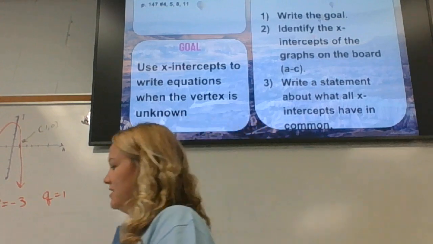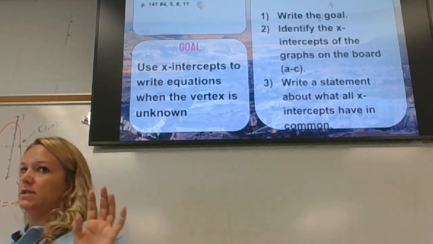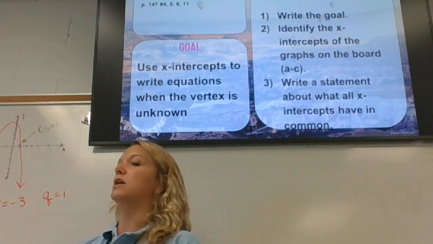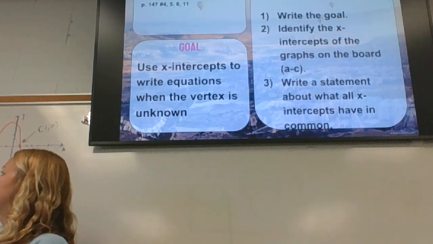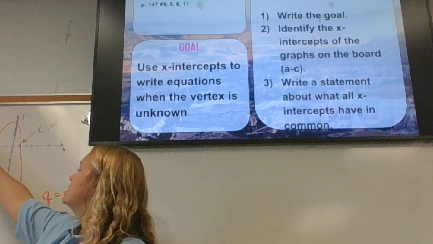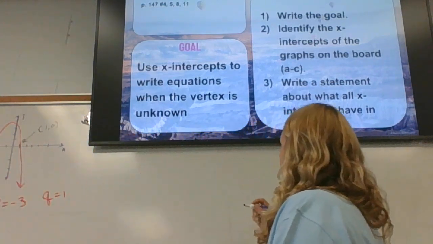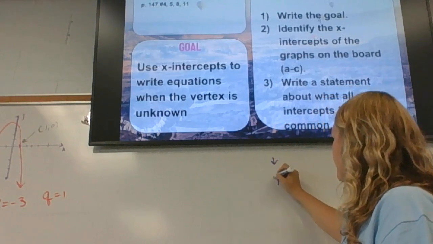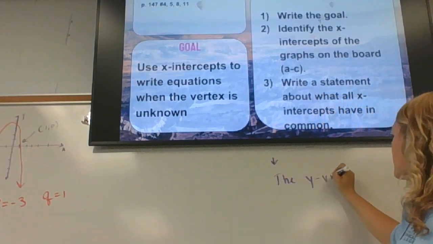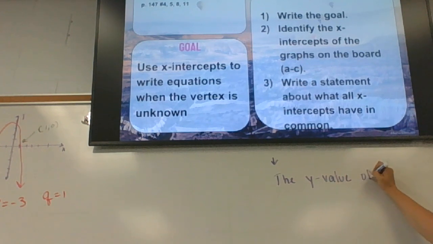No, let's take a look. Is what Alicia's saying true? Is the y value 0 in all of these ordered pairs? 0, 0, 0, 0, 0, 0. Okay, that's going to be important for today's lesson. Number 3: the y value of the x-intercept is always 0.